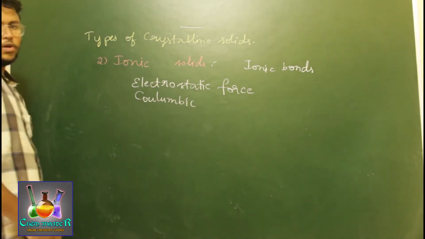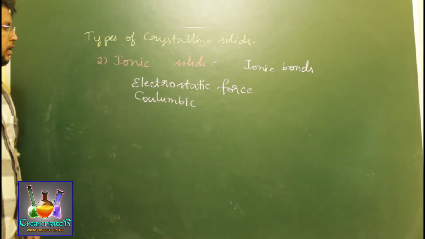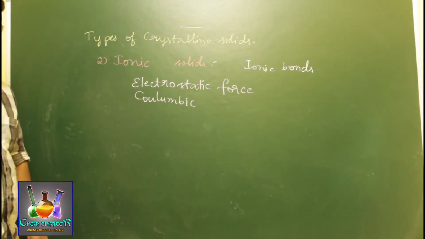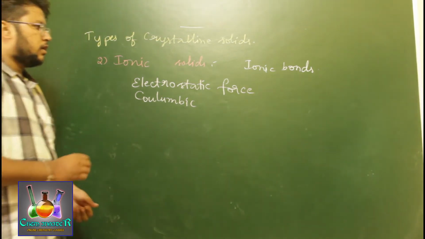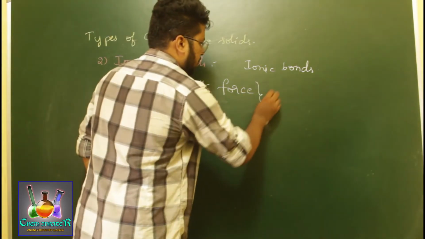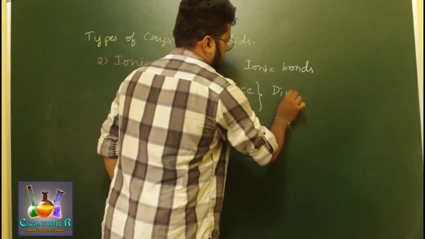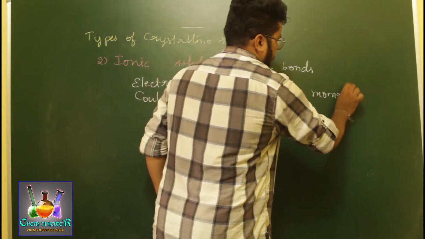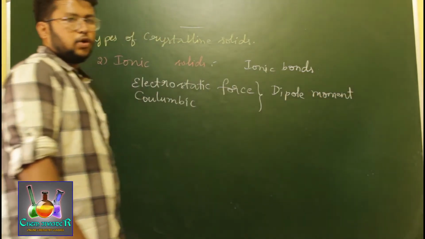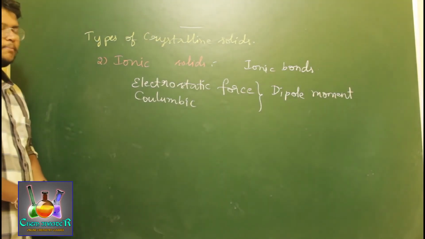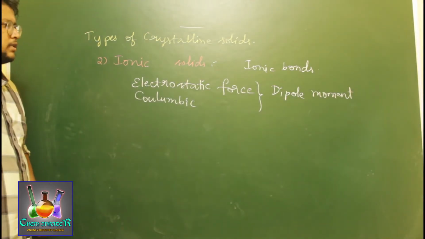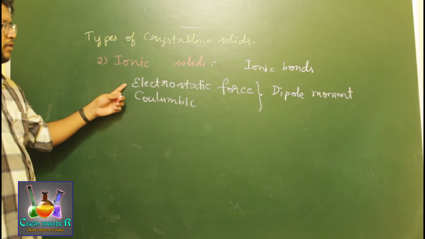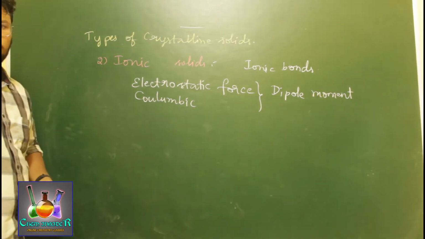An electrostatic or Coulombic force of attraction comes into place only when there is a certain amount of dipole moment present between the atoms forming the molecule. If a molecule has such a dipole moment, it results in an electrostatic or Coulombic force of attraction.